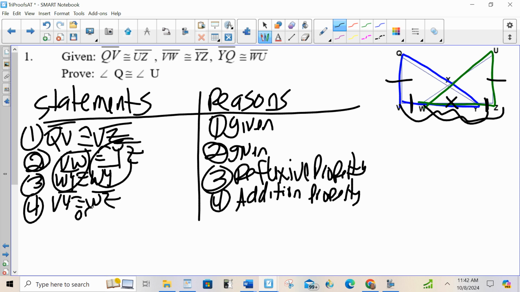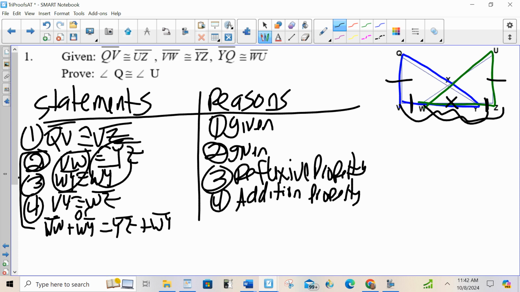So I write VW plus WY equals YZ plus WY. So those three things together count as one. That's how we use addition property.